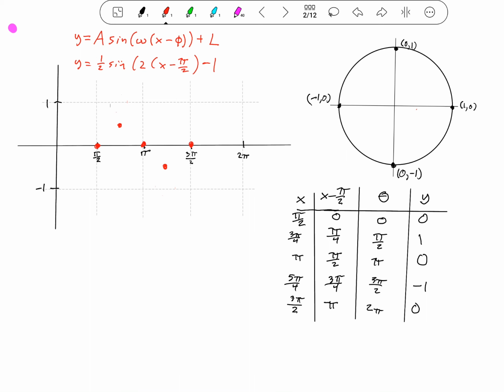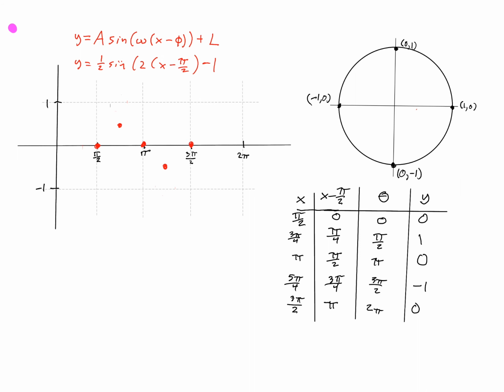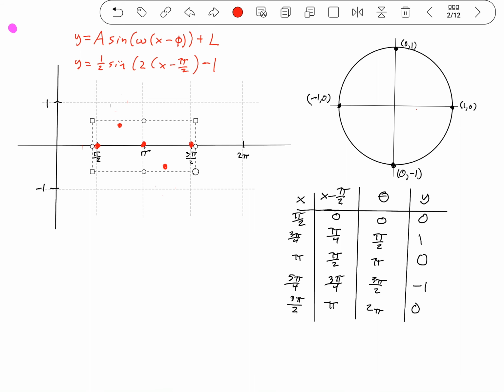And then all of these have to be moved down by 1 because of the -1 at the end. So these points all become moved down by 1.